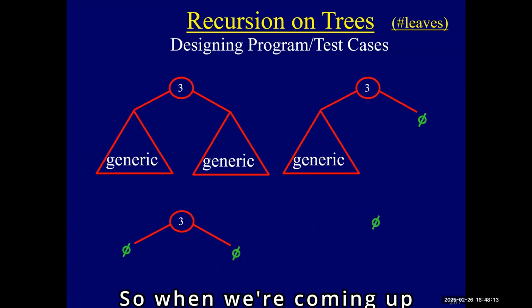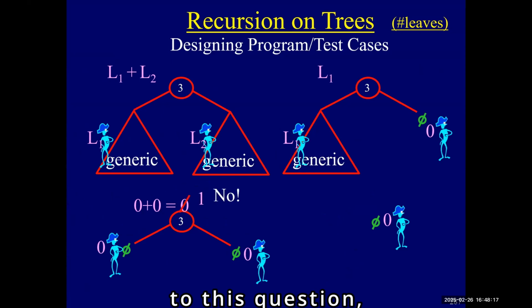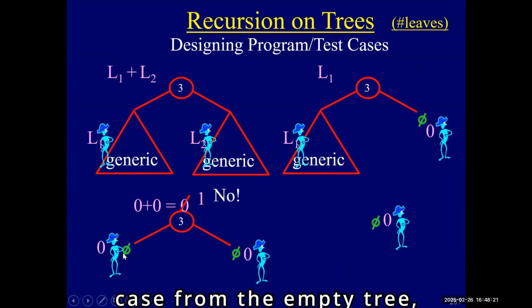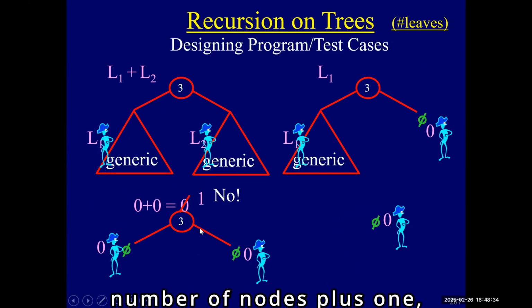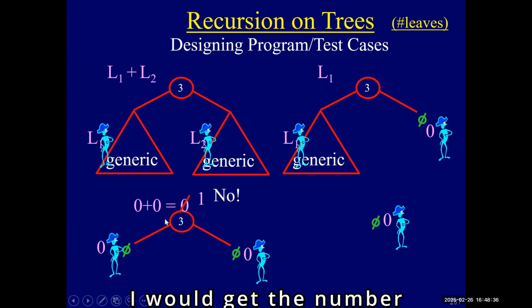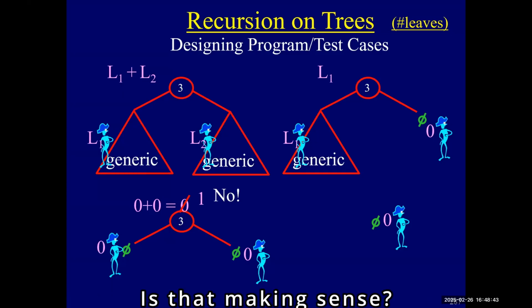So when we're coming up to this question, I'm going to get the base case from the empty tree, the base case from the empty tree, and then I have to form my right answer. And in all other problems before, this code gave me the right answer, right? If this was the number of nodes plus the number of nodes plus 1, I would get the number of nodes, right? But here it gives you the wrong answer. All right, is that making sense?